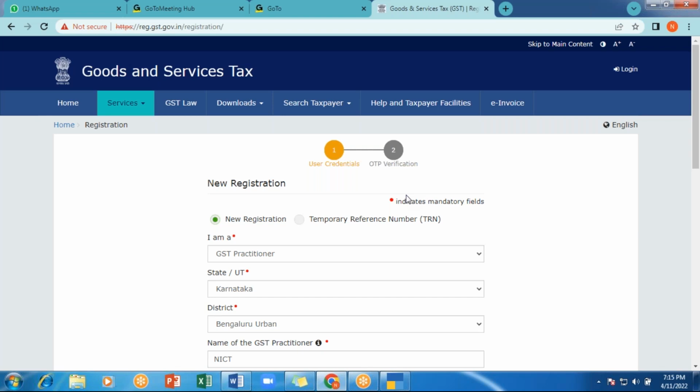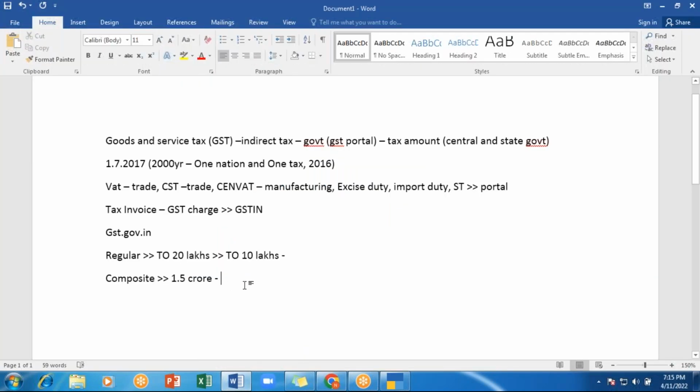In that case, you attach based on the requirement, and within 15 days you'll get a GST identification number. Only when you get this number can you issue tax invoices and charge GST in your bill.